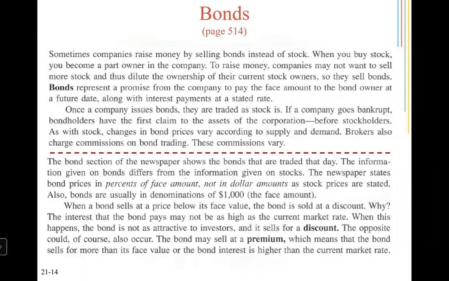As with stocks, changes in bond prices vary according to supply and demand. Brokers also charge commission on bond trading. These commissions vary. Okay, so what do you understand from that?